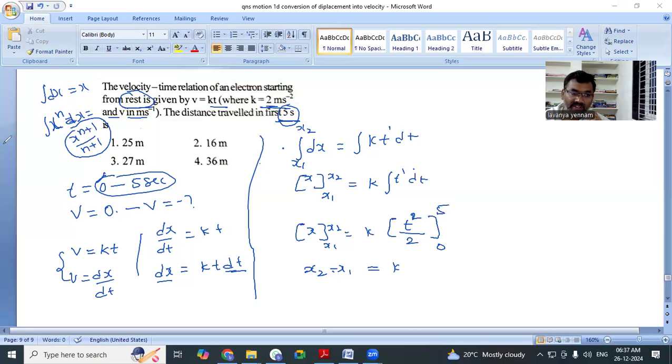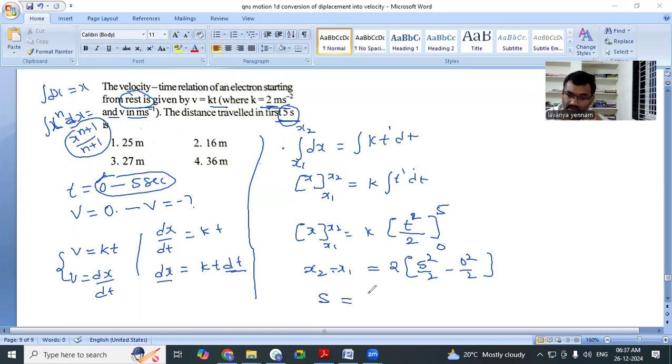What is the k value? They have given 2 meters per second squared. So I substitute the k value 2, and the upper limit 5 squared by 2 minus the lower limit 0 squared by 2. x2 minus x1, final position minus initial position, is nothing but the total displacement.